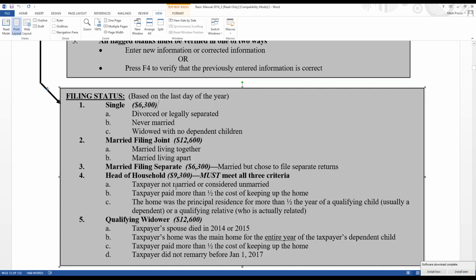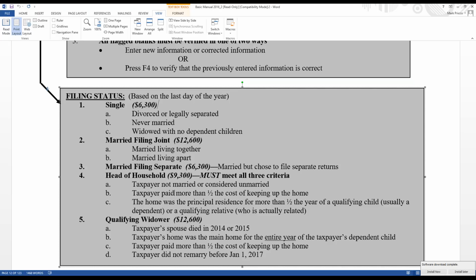And typically the normal scenario is the person's not married, and they're paying all the bills of the house, either renting an apartment or they own a house, and they have a dependent child, a niece or nephew living with them, so they're supporting that child too. So they're head of household.